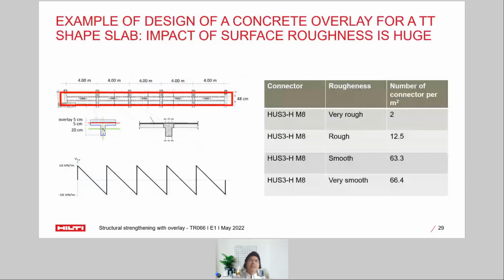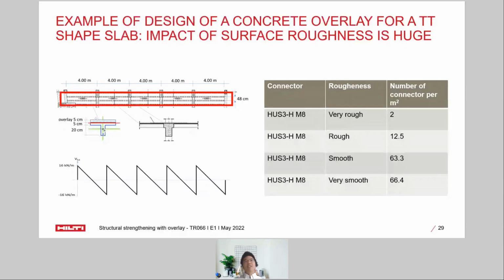Just a quick example here, one design we have seen before. Not going through every detail, what I just want to show you is mainly the table on the right hand side. In this case we are using our screw anchor HUS3 M8, and depending on the roughness of the surface, the number of connectors per square meter changes significantly.